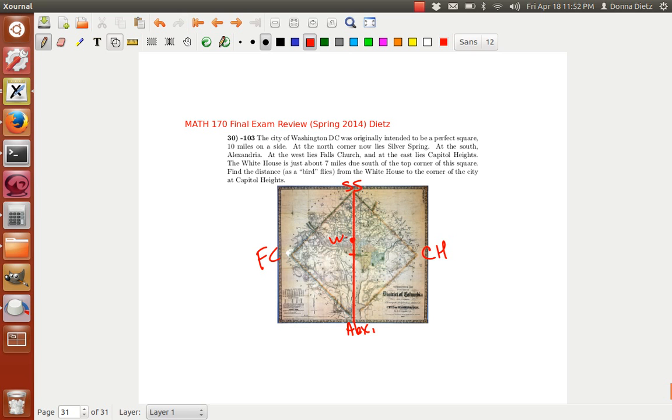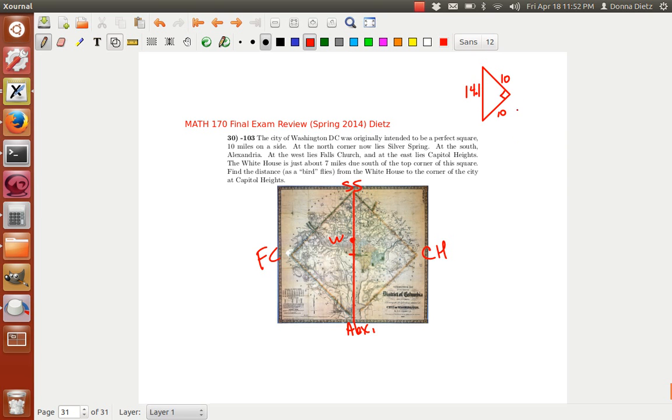Well, let me just, off to the side, explain something here. We have 10, 10, and it's a 45, 45, 90 right triangle. So this whole thing from top to bottom is 10 times root 2, so it's 1.41 times 10.